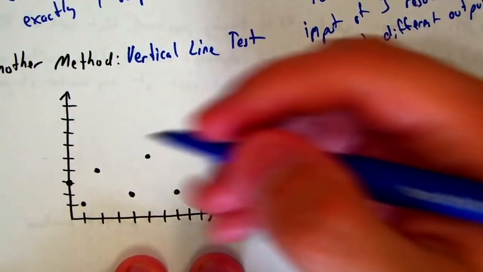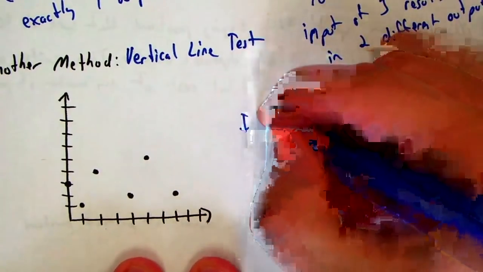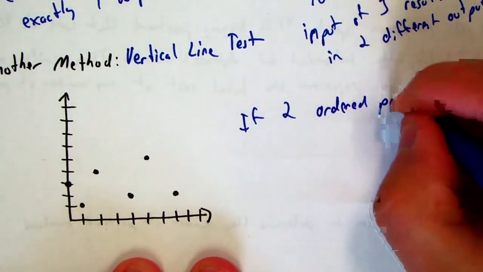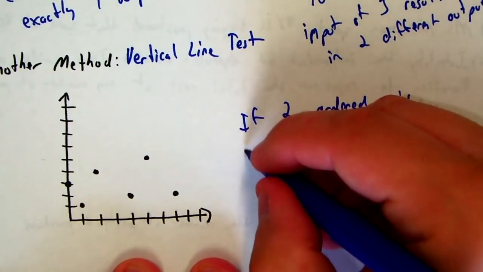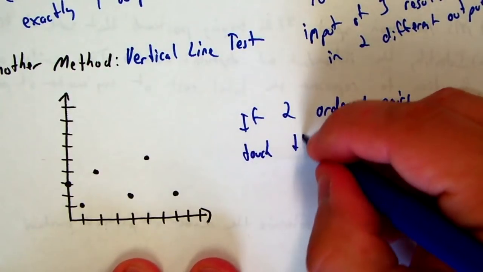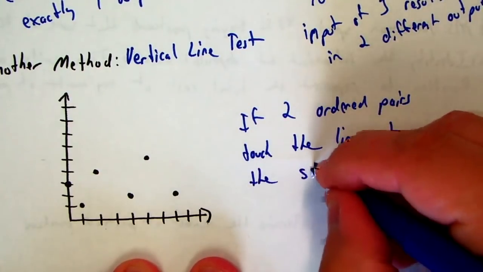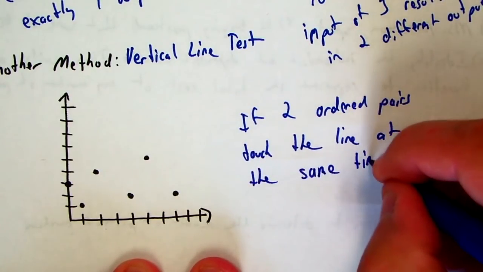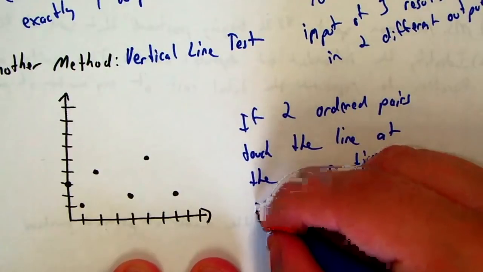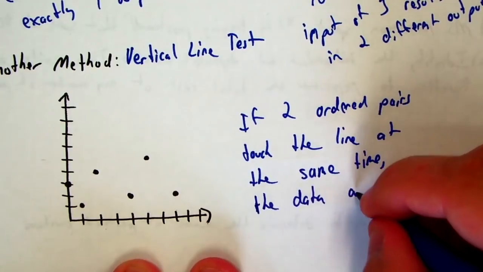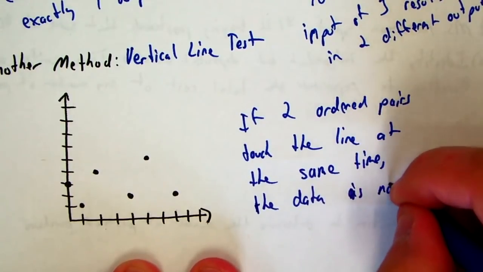So the vertical line test: if two ordered pairs touch the line at the same time, the data is not a function.